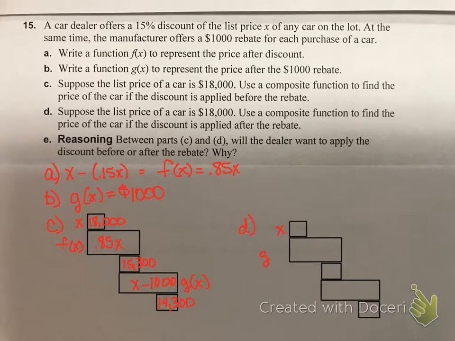I'm going to erase this and fix that so it reads right. My rebate is x minus 1,000. That's the equation that represents the price after the rebate. I do apologize for writing that incorrectly. I do have it correct on C. So now let's let them continue on.